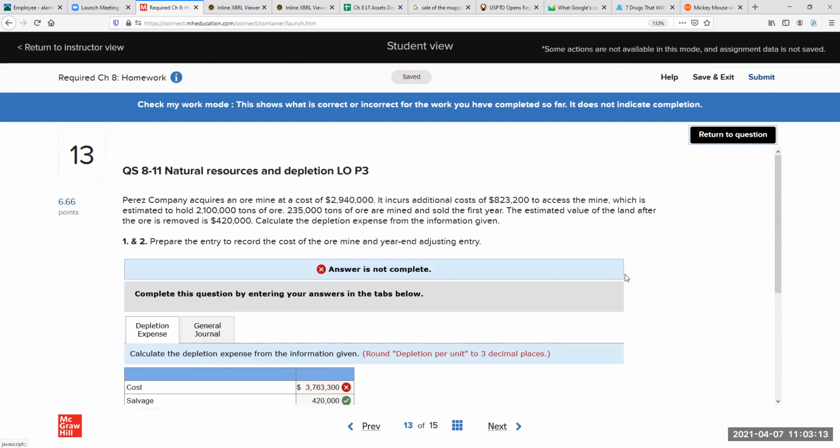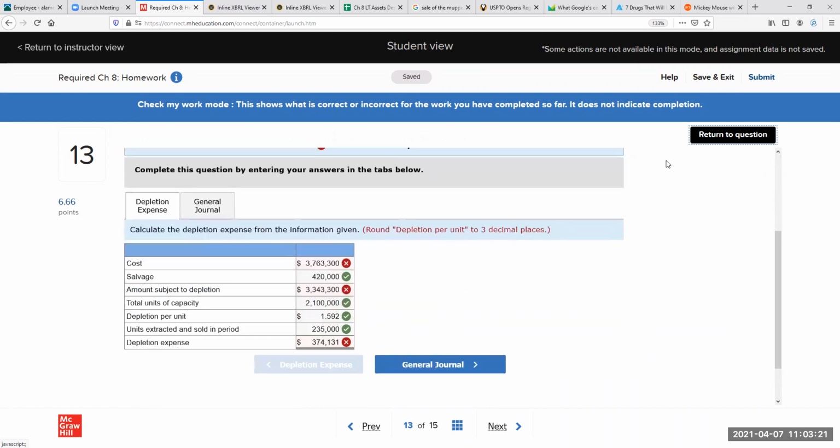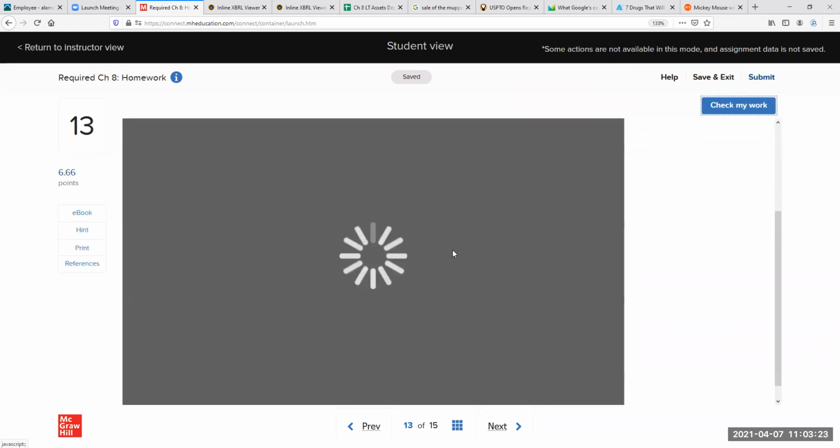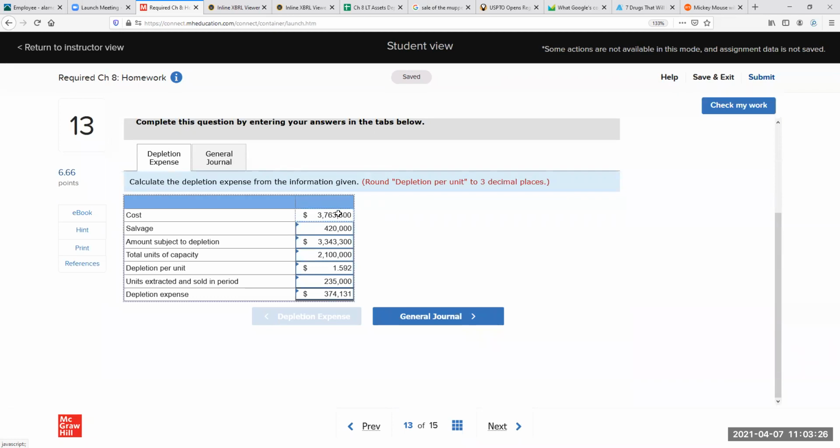2,940 plus 823,200 is 3,763,200. Oh wow, off by $100. 3,763,200 minus 420 is 3,343,200.